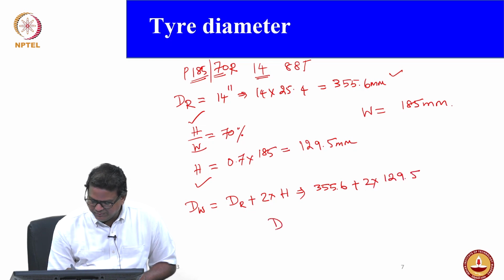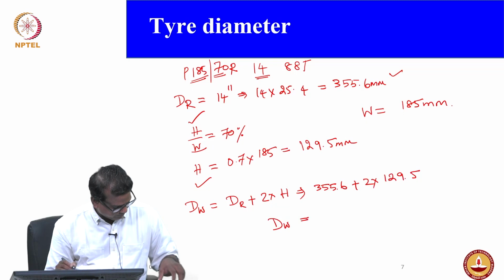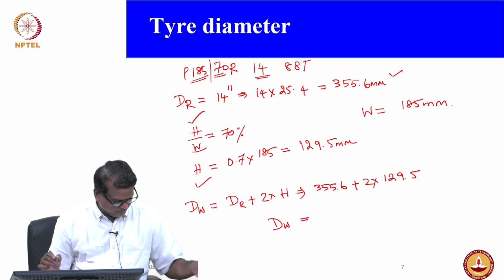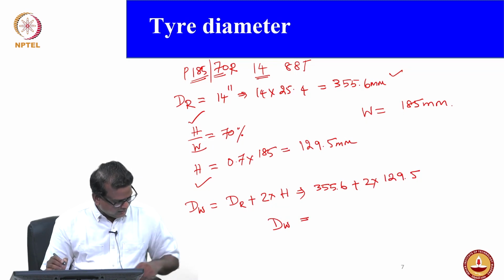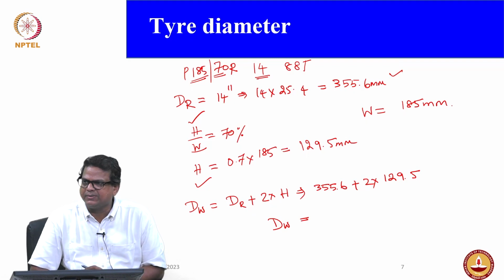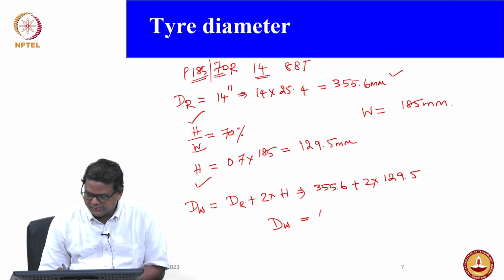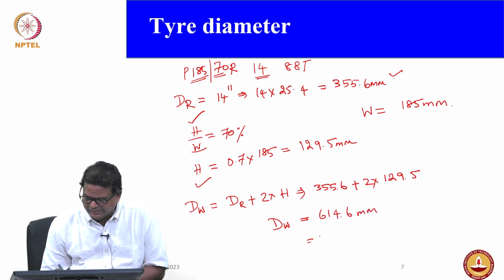So what is the diameter we are getting now? We are getting 614.6 millimeter. Maybe we can round off for easy understanding to 615 millimeter. That is the diameter.